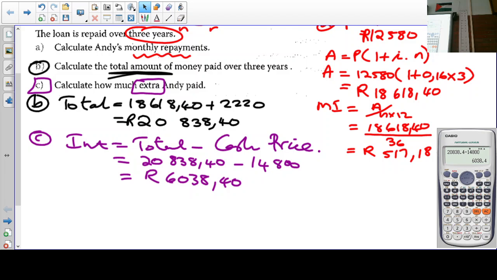But remember now, say you have been paying for this item for 34 months, and for the 35th month, you can't pay it.